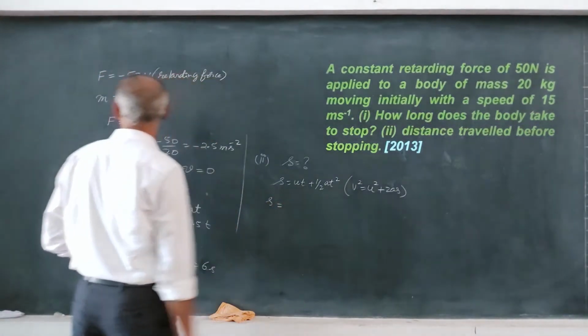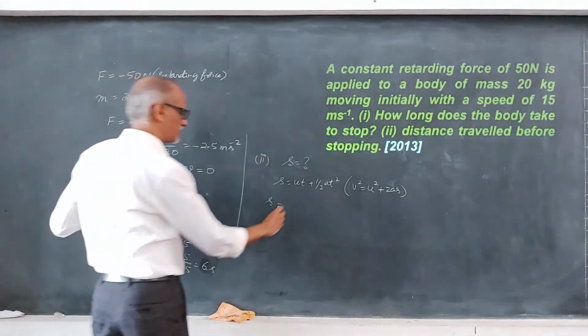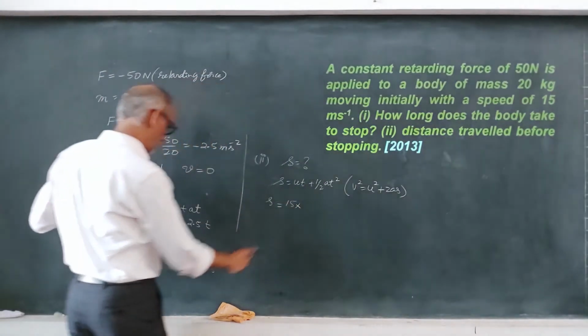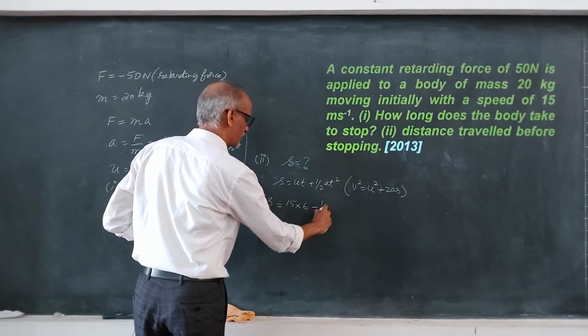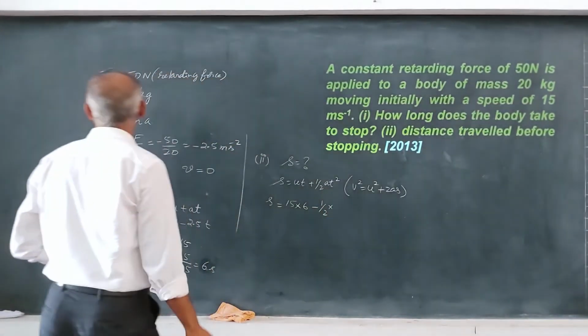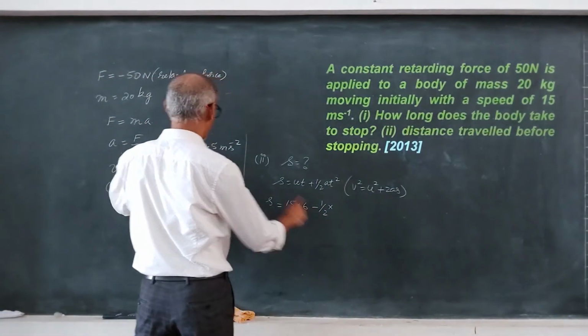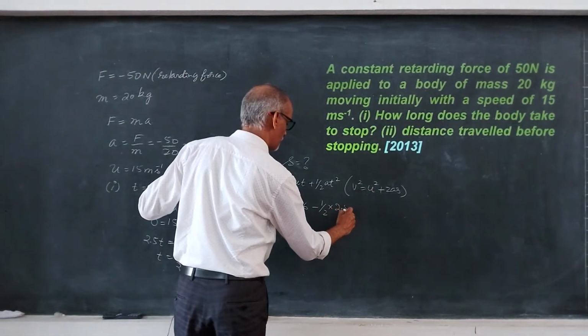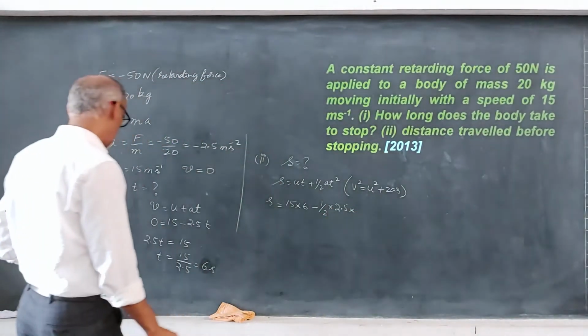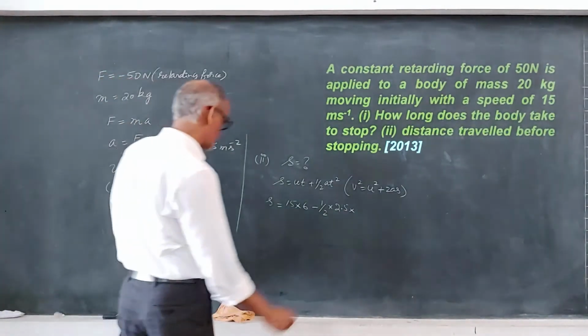s is equal to u t, the value of u is 15 into time given is 6, minus because of the acceleration, and then half, the value of a is minus 2.5, into the value of t is 6, square of it, 6 square is 36.